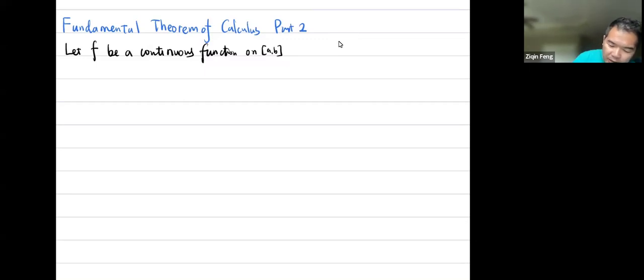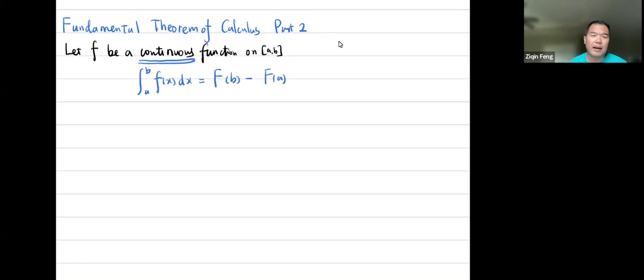We are starting from a very strong assumption for a function. The function has to be continuous. Sorry, smooth is way stronger. It has to be continuous, and then the integration from a to b of f of x dx is basically capital F of b minus capital F of a. What is capital F? Capital F is the antiderivative of lowercase f, where F prime equals f.